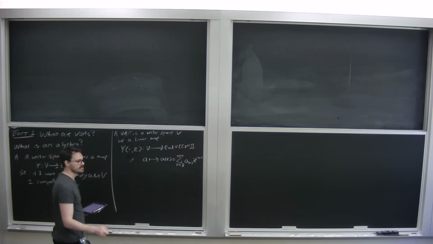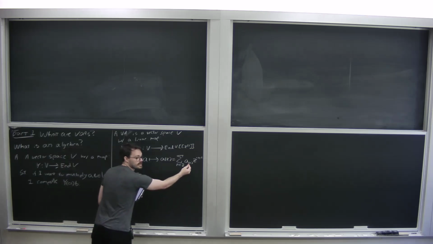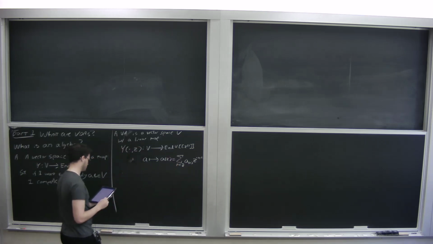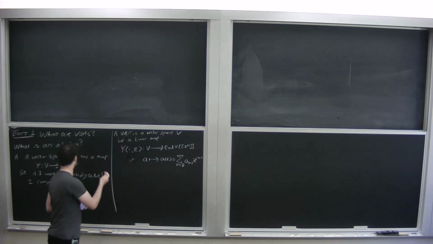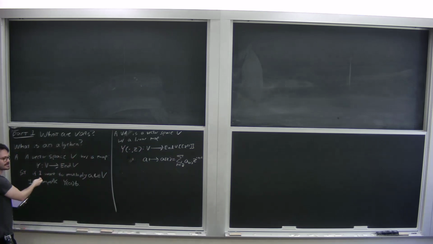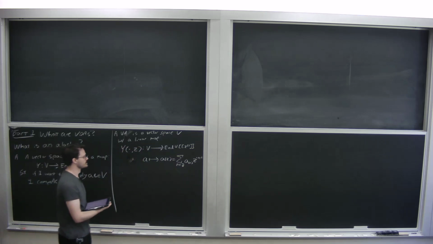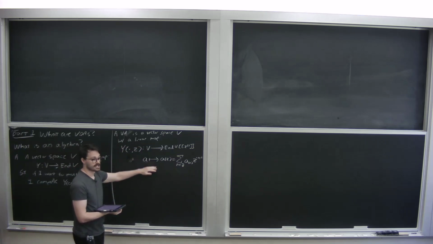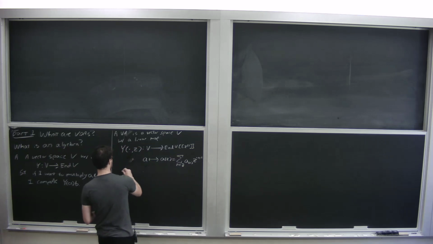Other conventions are sometimes used, but usually when you see these parentheses on the lower index, it's using this convention. And like with general algebras, we have some axioms we want to impose on this, but this is the underlying multiplication data.